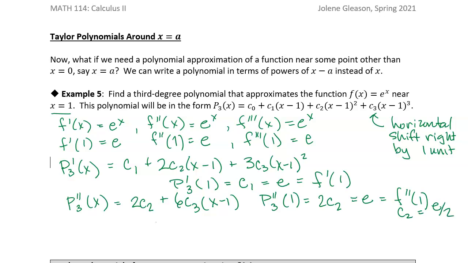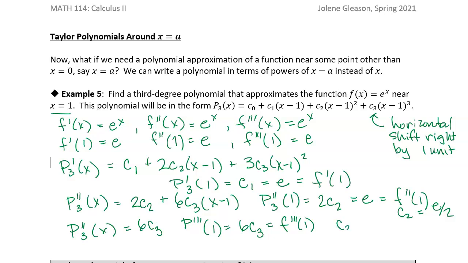Let's do it one more time. P triple prime of x is equal to, all we're left with here is 6c3. The third derivative at 1 is just 6c3, and that has to match the third derivative at 1 for the original function e to the x, which is just e.